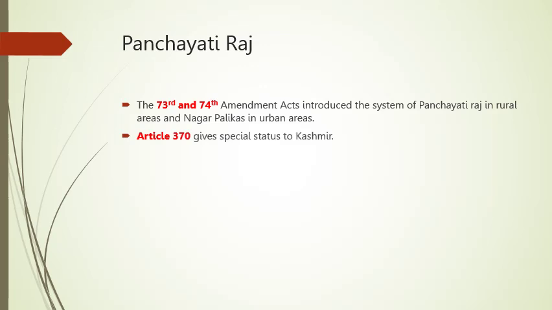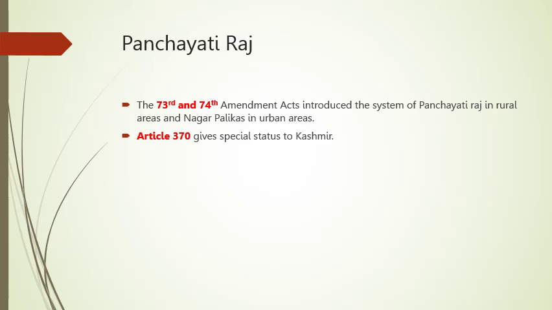Article 370 gives special status to Kashmir. Guys, on 5th August 2019 this article was scrapped, but I have added this point here because the scrapping of Article 370 is under judicial review and it's a case in the Supreme Court of India, so we can't say anything unless the court gives its verdict, right? I have added this point here as Article 370, which gives special status to Kashmir.